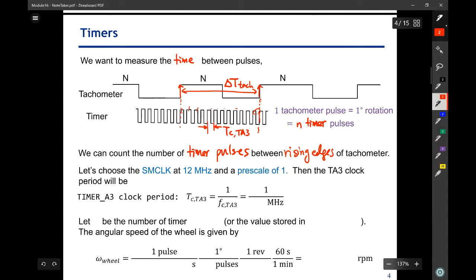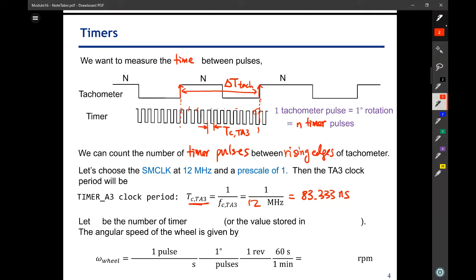Let's choose the SM clock, which is 12 megahertz, and a prescale of 1. Then the TA3 clock period is 1 over f of TA3, which is 12 megahertz, so the clock period of timer 3 is 83.333 nanoseconds.